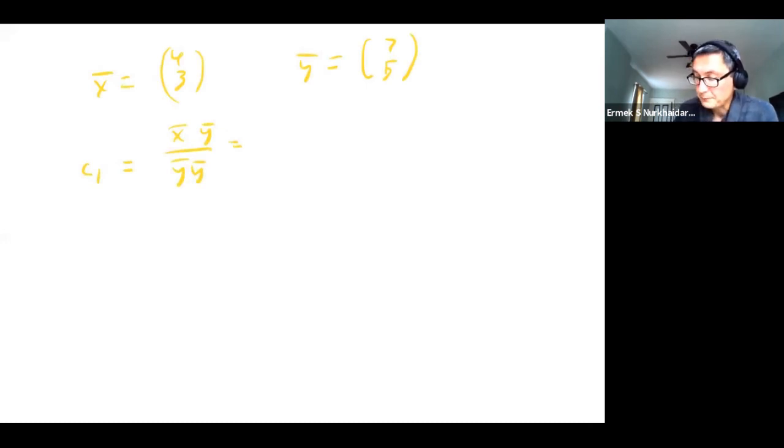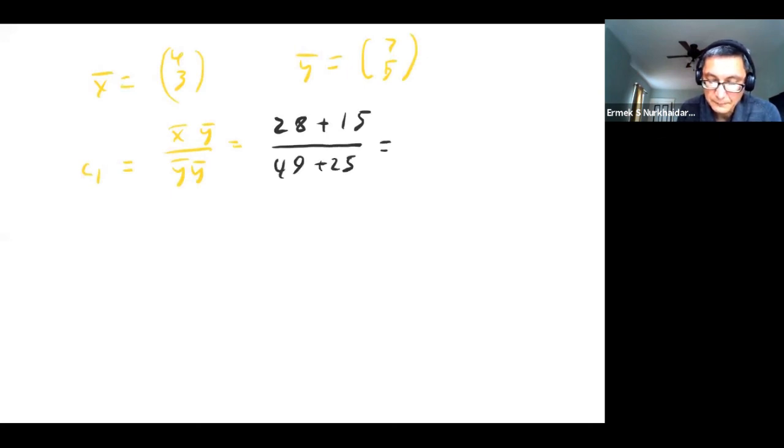So let's find x times y: 28 plus 15, over y times y, which is 49 plus 25. 28 plus 15 is 43. 49 plus 25 is 74.